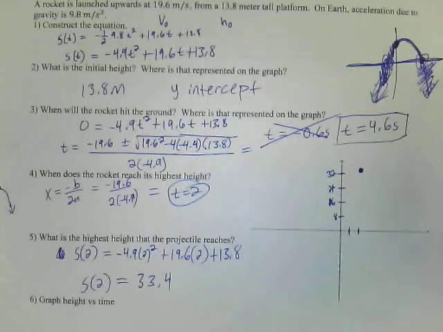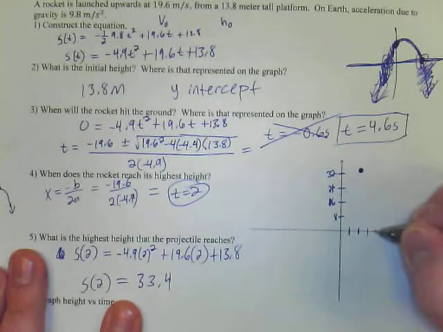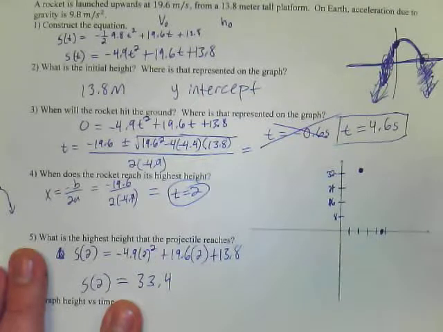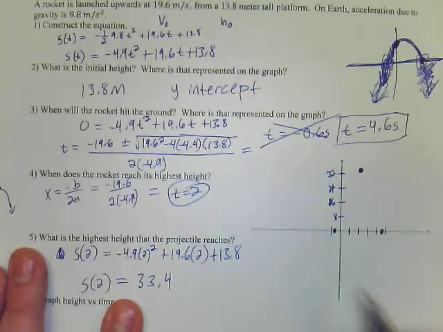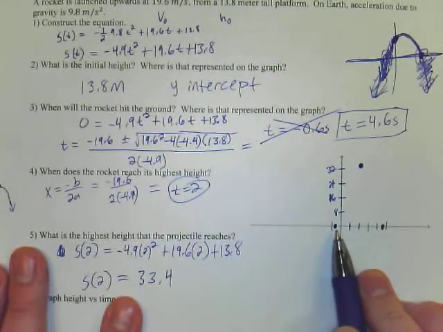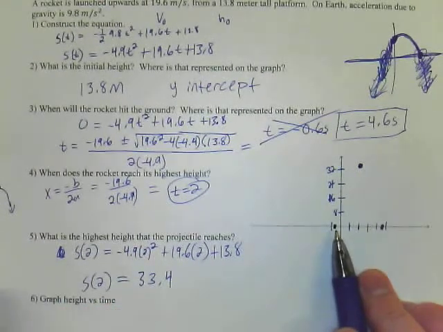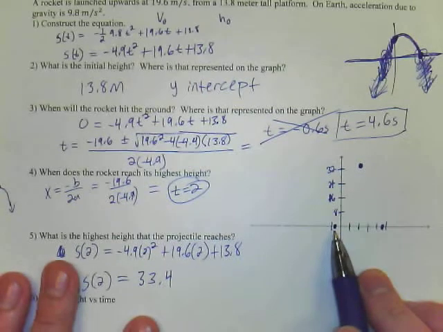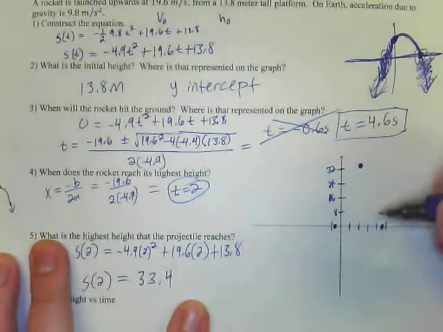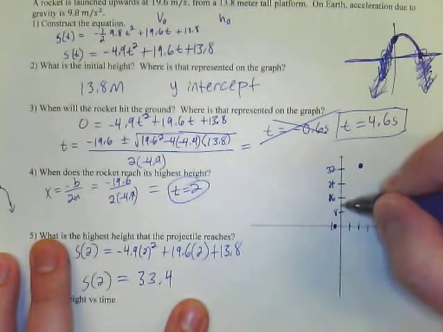Then we know that the t-intercepts are at 4.6, so there's 4, and then 0.6 is about right there. And then also negative 0.6, about right there. But again, for the purposes of actually figuring anything out for the graph, we're really going to ignore that one because that's happening before we launch it. We also know that the initial height is 13.8, so that's about right here.